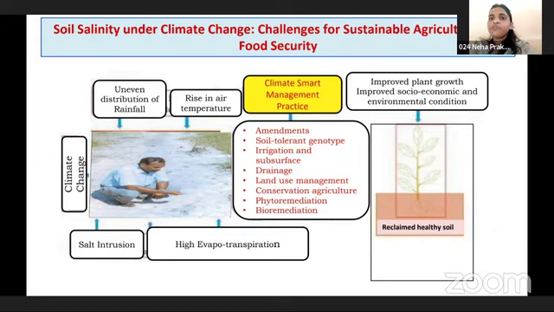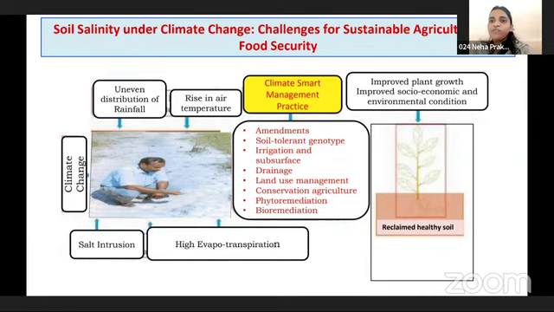We can use drainage practices. There are different drainages, such as mole drainage and subsurface drainage, available to collect that salt from the field and move it out. Then land use management, conservation agriculture, phytoremediation and bioremediation are also there.